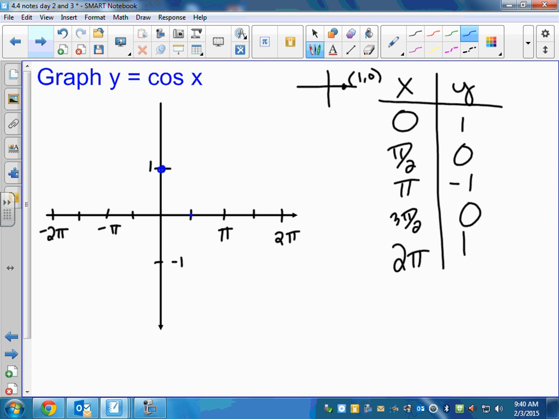Then it goes down to 0. And then at pi, it goes down to -1. And then it goes back to 0 at 3 pi halves. And then at 2 pi, it goes back here. So again, smooth curves, no sharp corners.